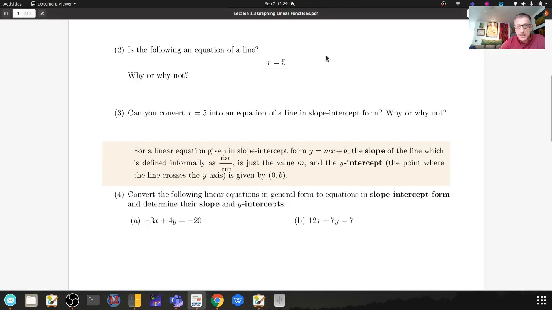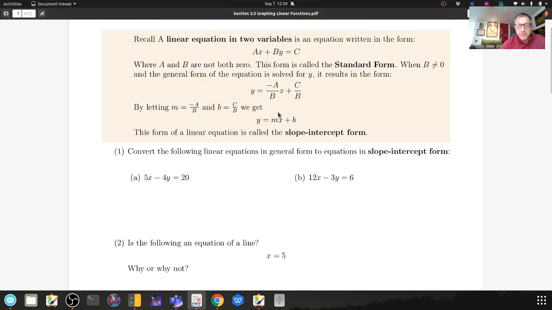As a matter of fact, let's bump up here. So we can only get to the slope-intercept form when the value of b is not 0. But the general linear equation, ax plus by equals c, covers all bases.